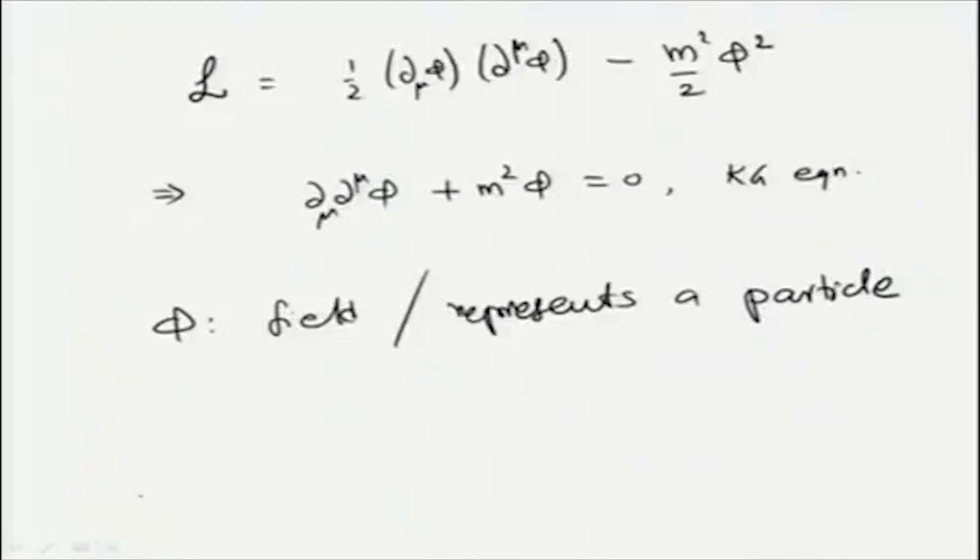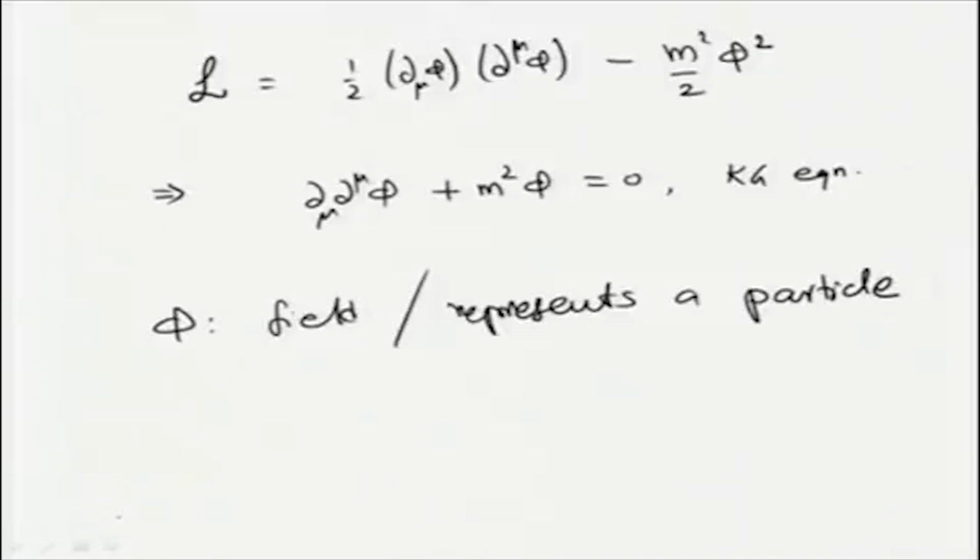So, one such field is this phi. There is a way to relate the spins of the particles also, and we will see that usually the scalar particles, the spin 0 particles, are the ones which are described by the Klein-Gordon kind of Lagrangian that we have just now written down.